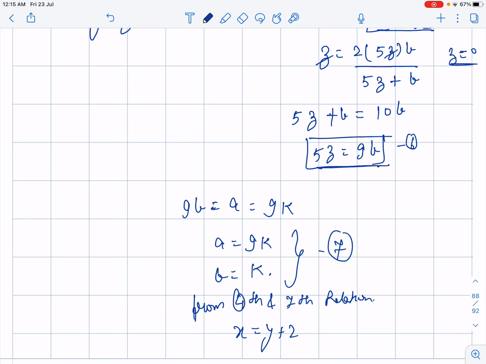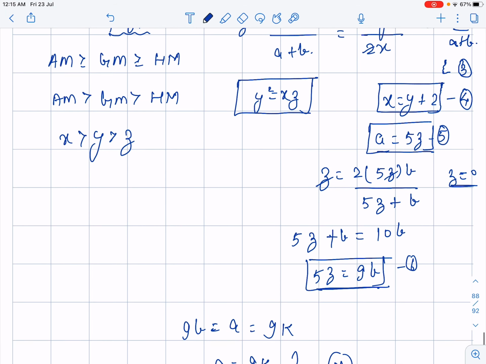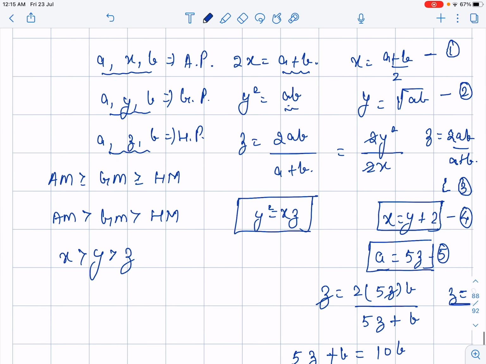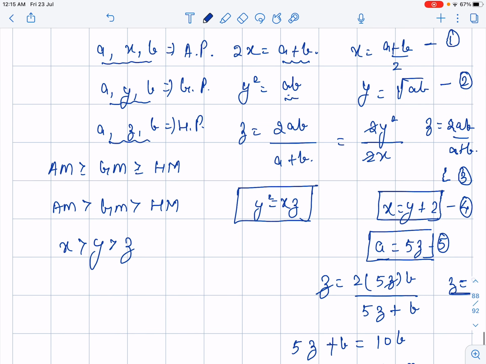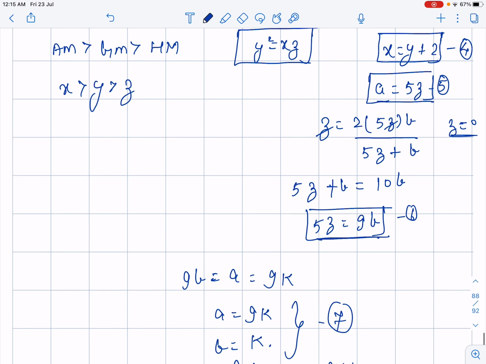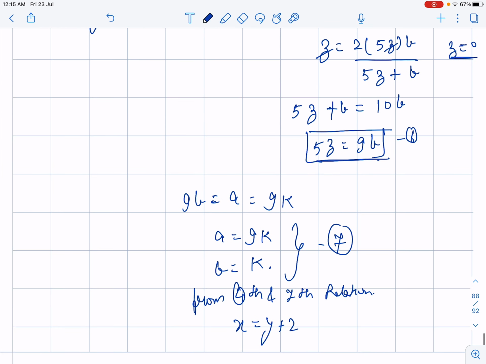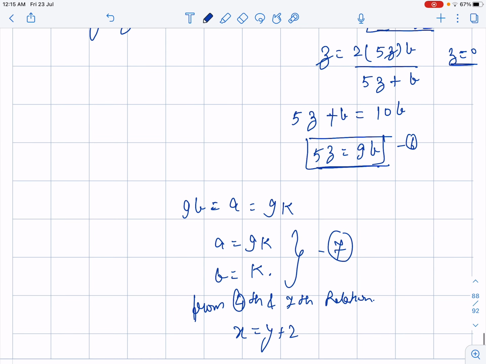We have x and y in terms of a and b, so I would be getting a plus b by 2 and root ab. So let's write it completely. x is a plus b by 2 and y is root ab, plus 2 it will be becoming.